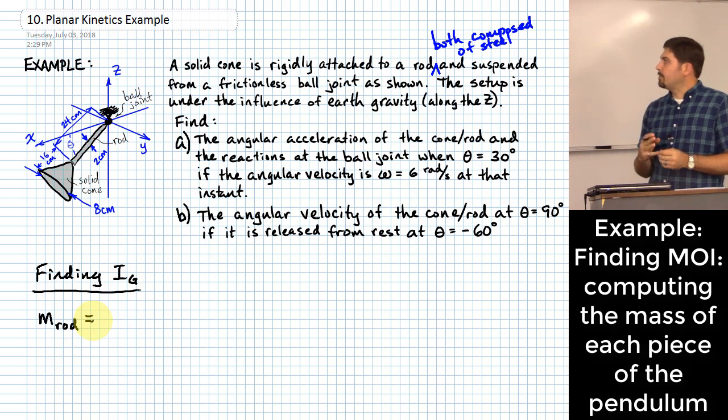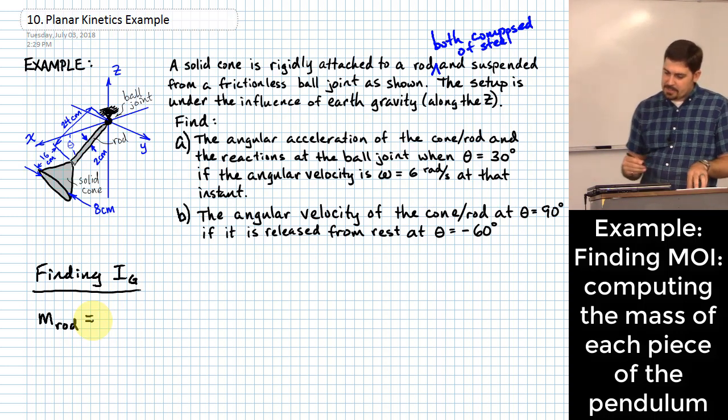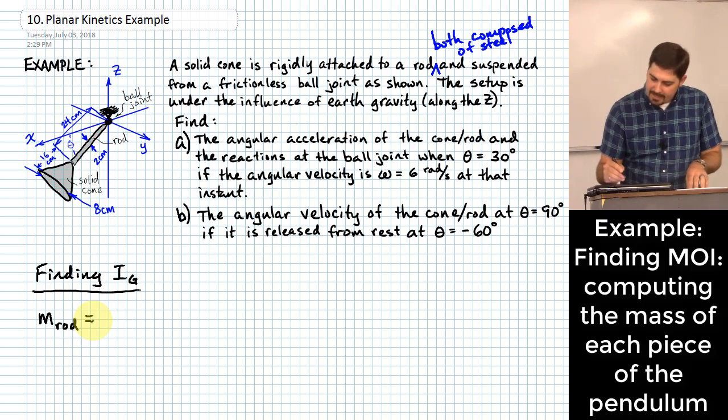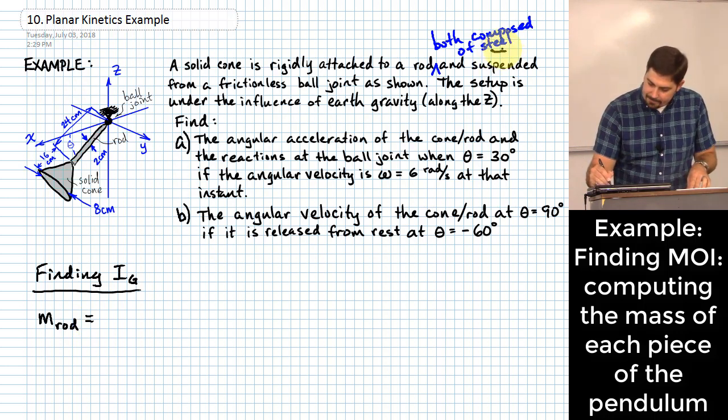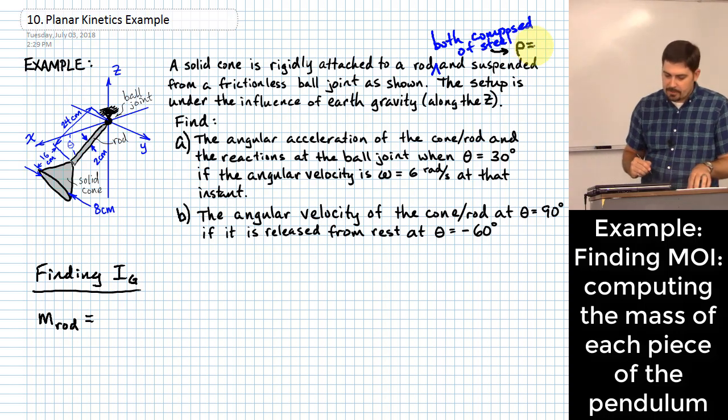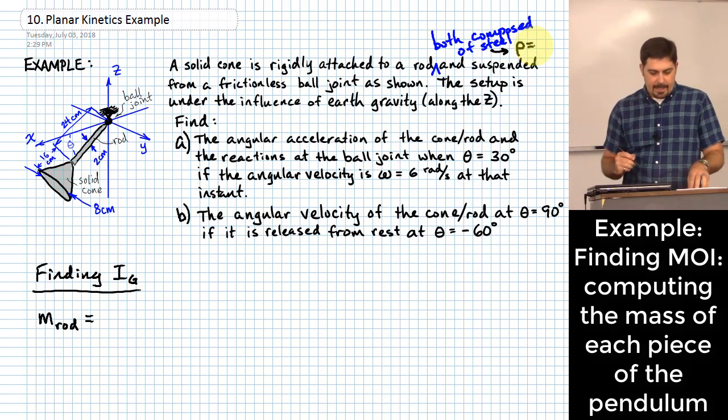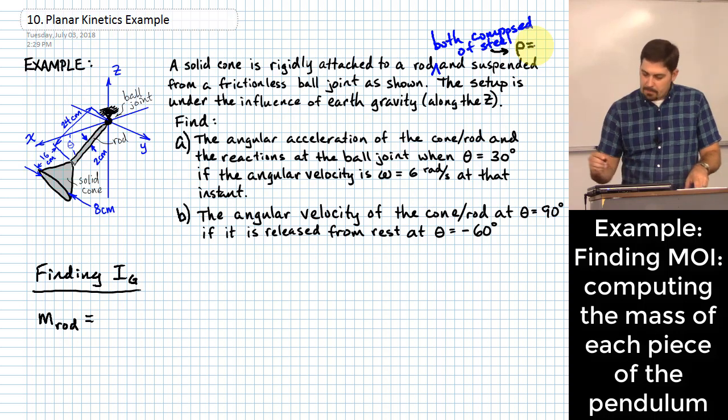Well, for steel, I could probably look up a density. And I actually did look up a density for steel. I won't make you do that right now, but the density for steel, for which the letter rho is often used, is just going to be 7.85.